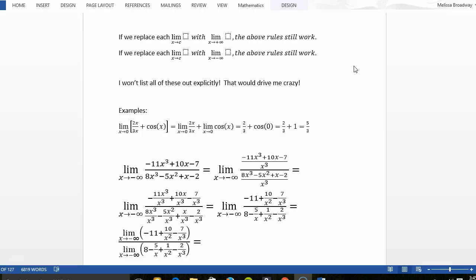So just go in and take it for granted. Like e to the x, the limit as x goes to 5 of e to the x is e to the 5th. Or the limit as x goes to 5 of the natural log of x is the natural log of 5. You can take that for granted. Likewise for rational functions, for polynomials, for roots, as long as you're in the domain.